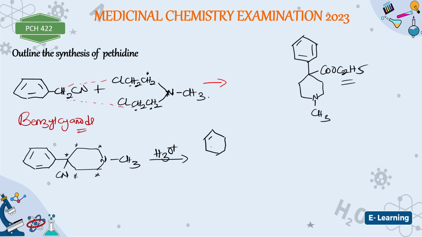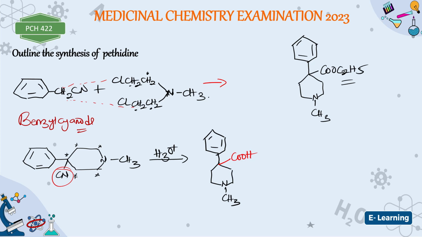It's still the same thing as something like this. There will be no ring here. Here will be CH3. If you hydrolyze this CN here, hydrolysis means conversion to carboxylic acid or alcohol. Whenever you hydrolyze CN, it gives carboxylic acid. So what we'll be having here is a carboxylic acid group.